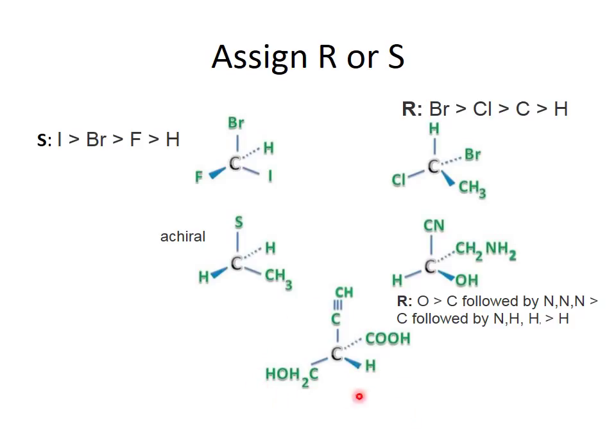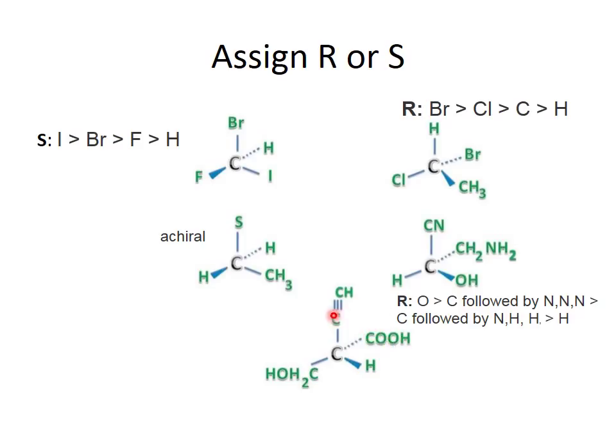If I look at this group, what's the lowest priority group? The hydrogen. Okay, so that's going to be pushed to the back. What's left in priority is this carbon with an oxygen and a hydrogen attached. This is a carbon with 3 carbons attached. And this is an acid group, so there's a double bond to an oxygen and then another oxygen on the OH.